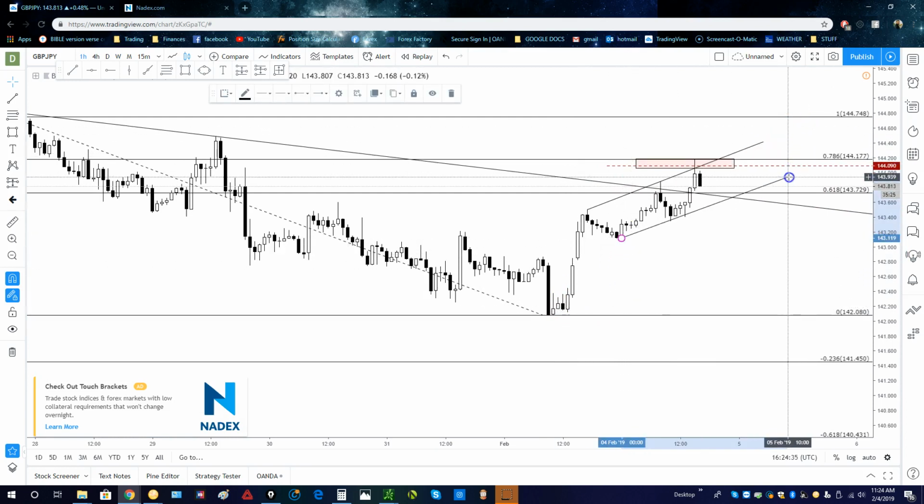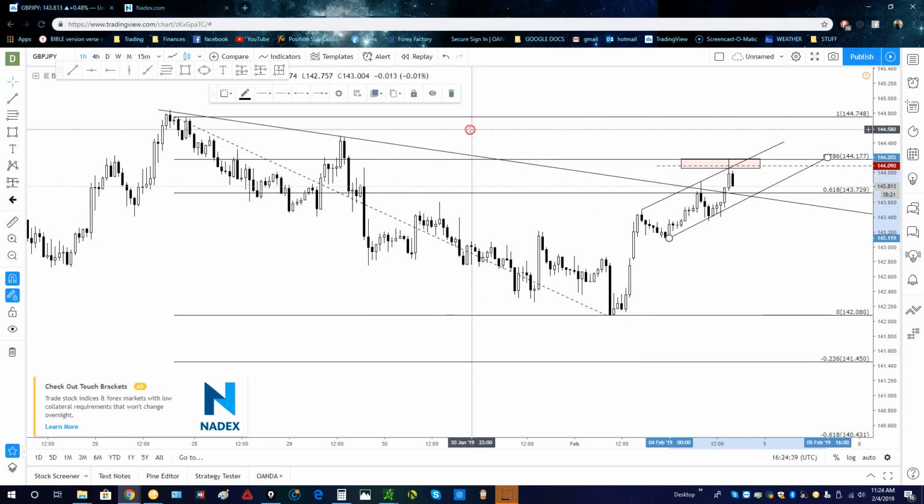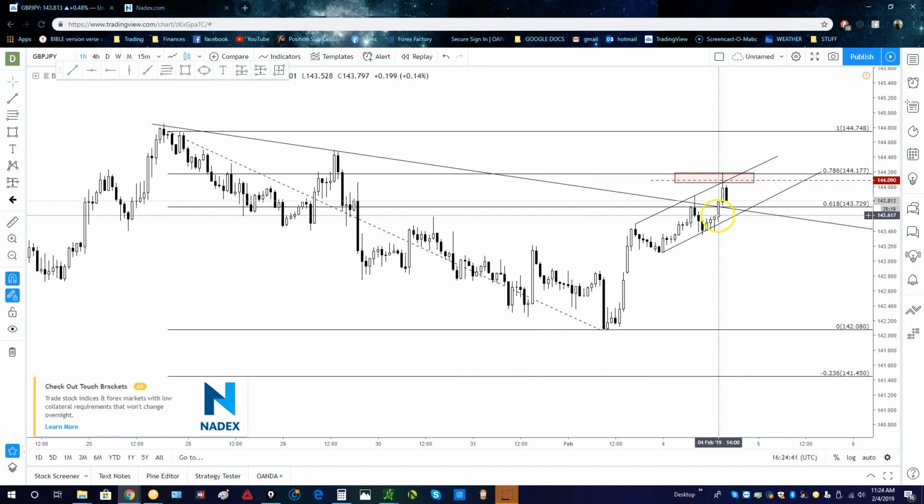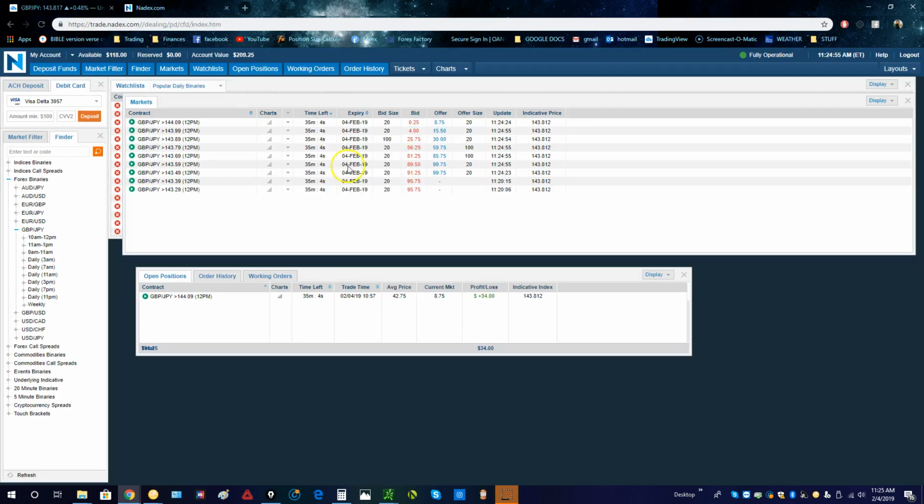Now, you can draw it however you want, maybe like a channel structure. We're coming down to retest this price movement here, or this previous trend line, whatever you want to call it. We're coming down in to retest that. So I want to be taking my profits off.